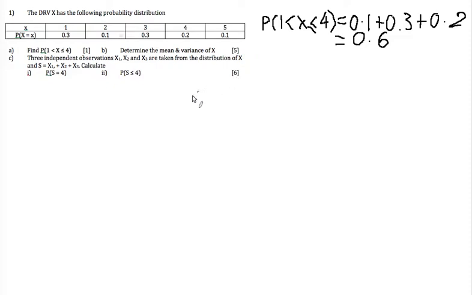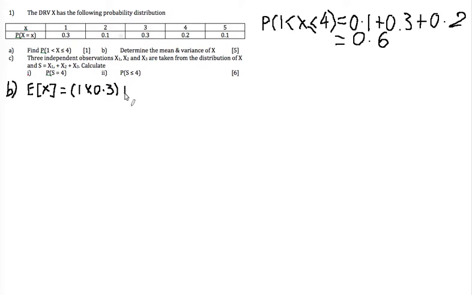Part B. We want to determine the mean and the variance of x. Now remember that the mean is actually the expectation. So to calculate the expectation of x, what we need to do is multiply each value by the probability of that value, for example 1 times 0.3, and sum them up.